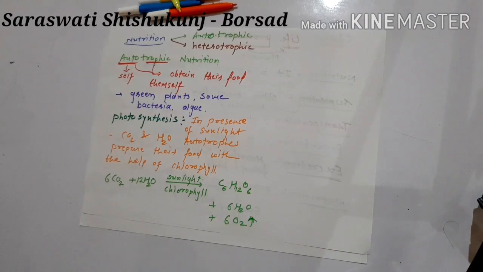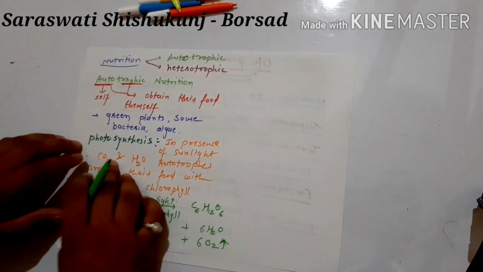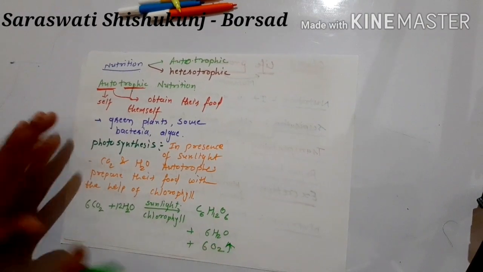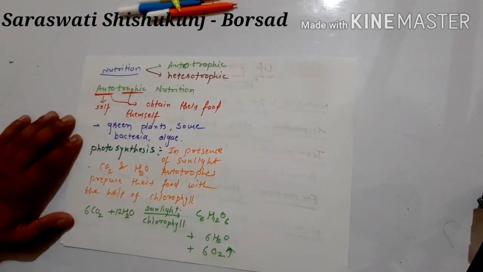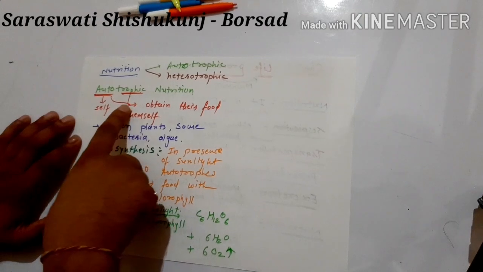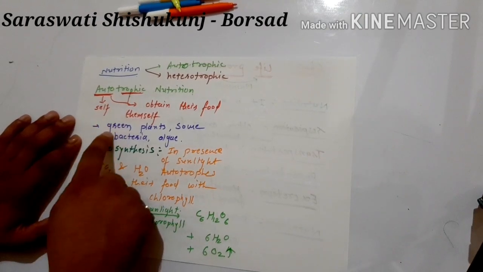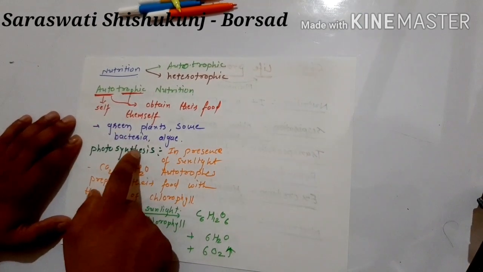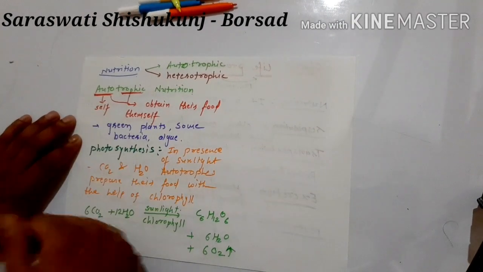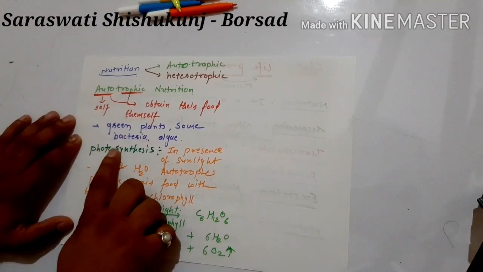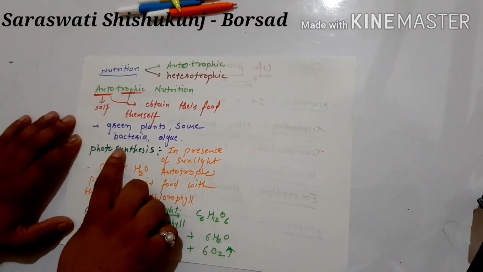Now this process of photosynthesis happens in three steps, right? Again, understand, autotrophic mode of nutrition means the organisms which prepare their food by themselves, that is autotrophs, generally green plants and some bacteria and blue green algae. These autotrophs prepare their food by themselves with the help of the process called photosynthesis.